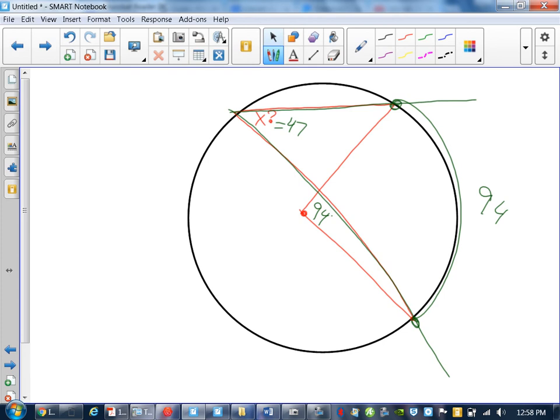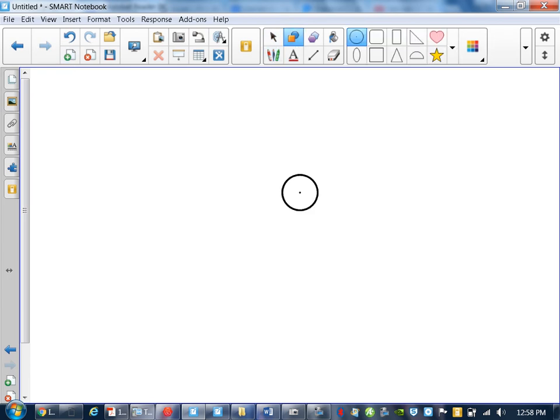Also in 10-2, when we started talking more and more about arcs, we also talked about the different types of arcs. And there were 3 of them.